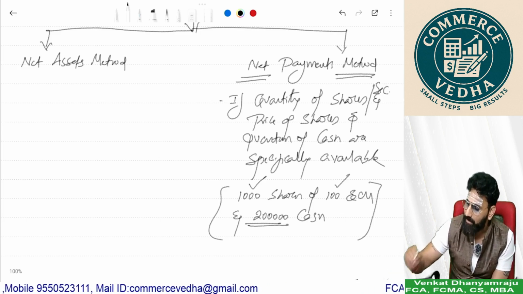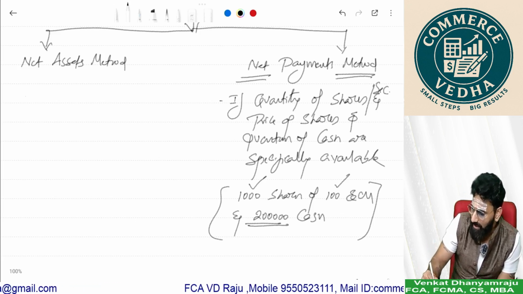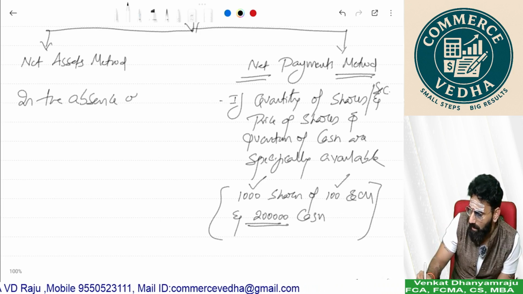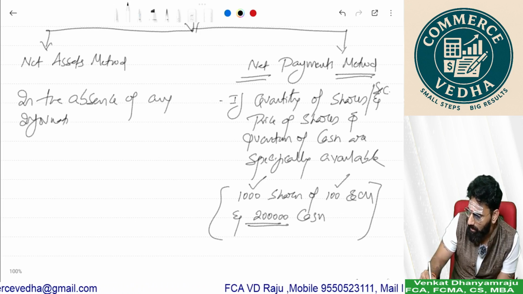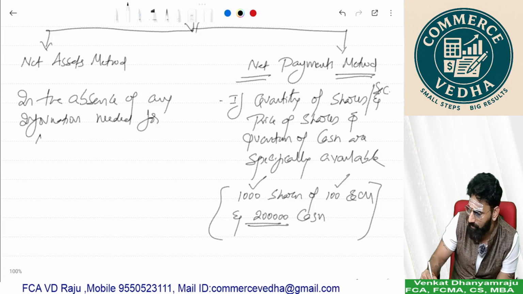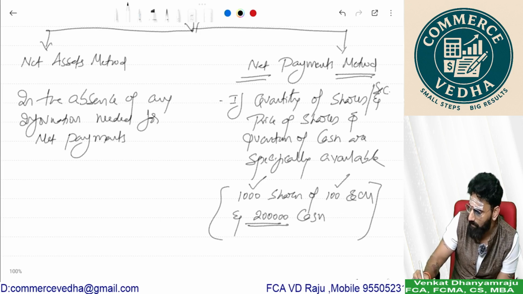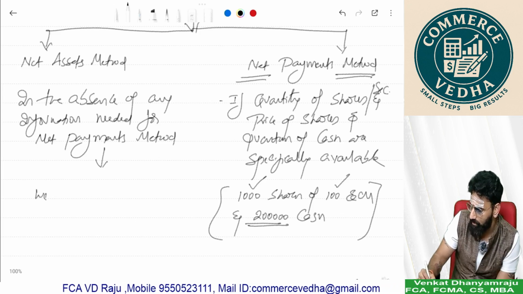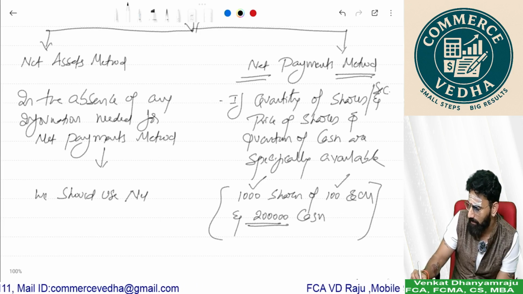In that case, the method to be used is net payments method. And in the absence of any information needed for net payments method, in that case we should use net assets method.